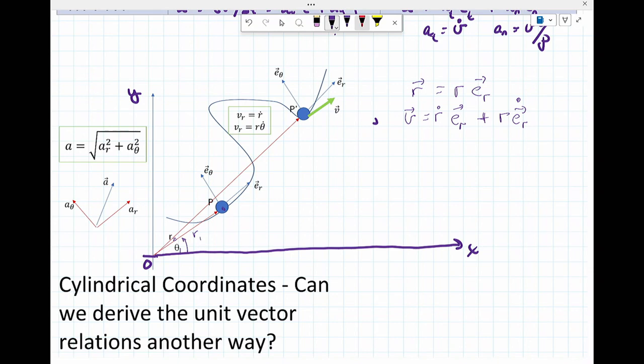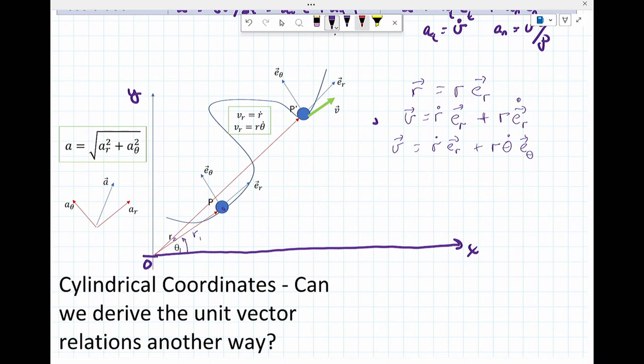I've got to worry about the unit vector now, and I can expect from my experience in the NT coordinate that that term is going to add extra things to this. And if I go through all of this without the derivation this time, I'll find that E sub r dot is actually in the direction of E sub theta, which is the normal component.